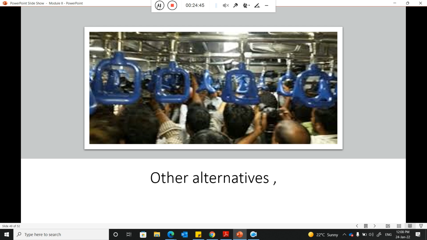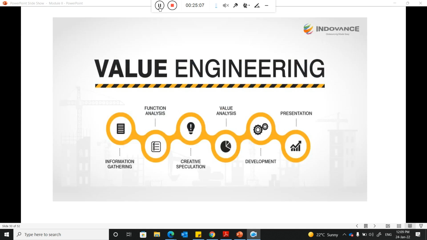Okay, so there are a lot of alternatives available on the basis of expertise, on the basis of survey work, on the basis of the particular steps which I told you. You need to do the function analysis, the cost evaluation analysis, all of it, and then you can finalize one product. What do you need to do when I talk about value engineering?